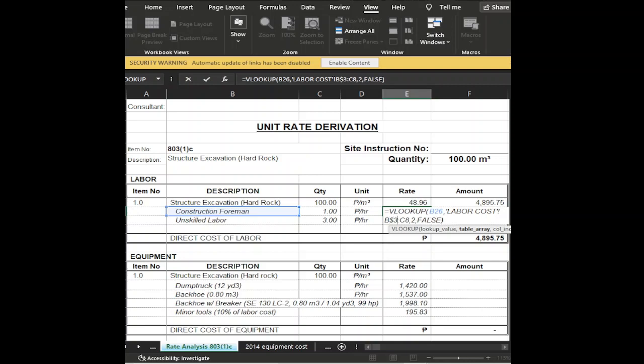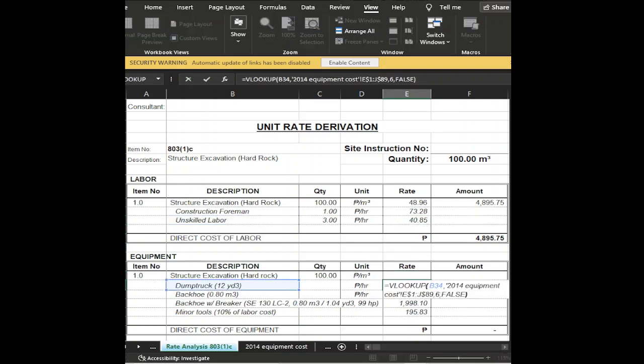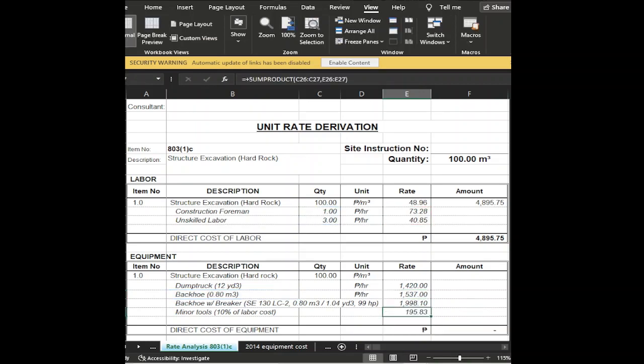We'll put it here like this so that it will not come down. This one also is already a VLOOKUP formula. This is peso per hour also, backhoe with breaker.